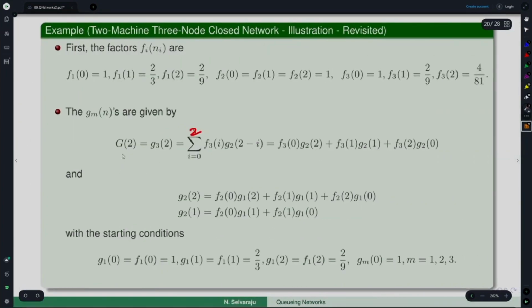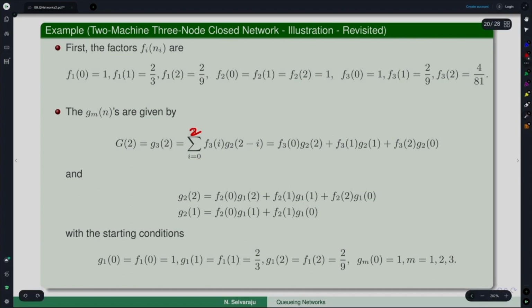So, in the recursive step, you can directly go to what you wanted to get. We wanted to get G2, which in this case would be given by G3 of 2. Now, G3 of 2 would involve F3 and G2. So, it is the sum of F3 of i, G2 of 2 minus i, for i equal to 0 to 2 here, because the number of customers is 2 here.